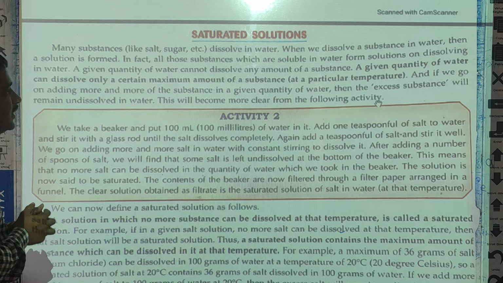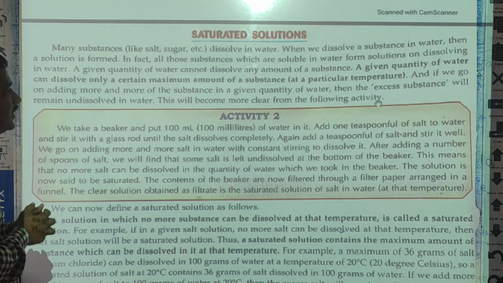Okay students, I hope you understood saturated solution and solubility. Here also is the effect of heating and cooling on a saturated solution. If the saturated solution of a substance at a particular temperature is heated to a higher temperature, then the solubility of the substance increases and more substance can be dissolved in it.